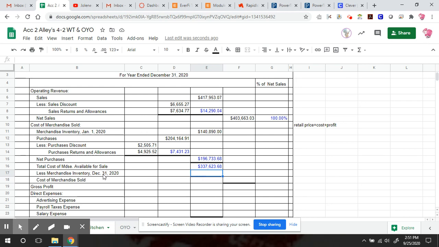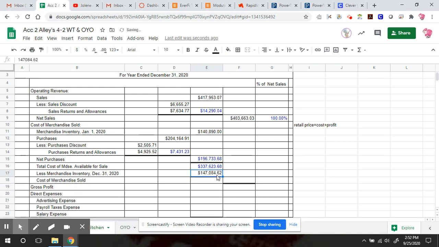Now, here we have to plug in what we haven't sold yet as of the end of the year. This is our ending inventory for the year. So we've got to put that in here, and you're going to find that dollar amount on the front of your trial balance, and that dollar amount is $147,080.62.